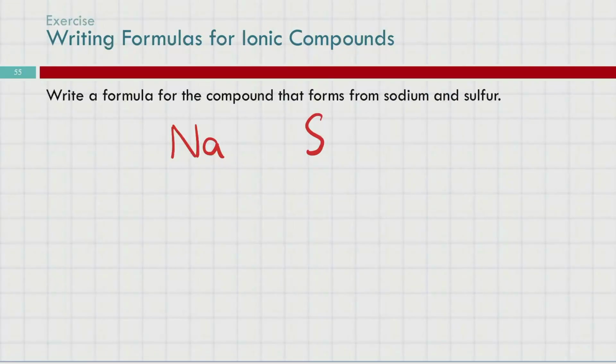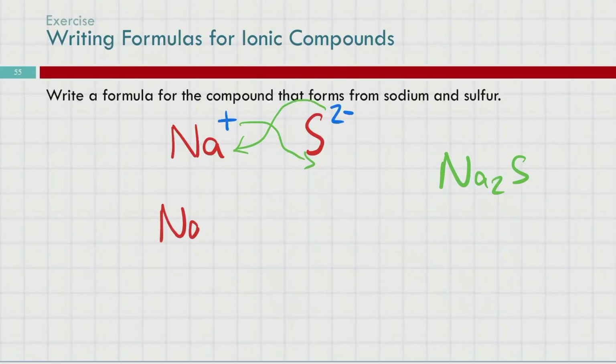Na is going to be in that group 1 or 1A. So our charge is going to be what? 1 plus. And sulfur, S, is in 16 or 6A, and so that's going to have what charge? 2 minus.